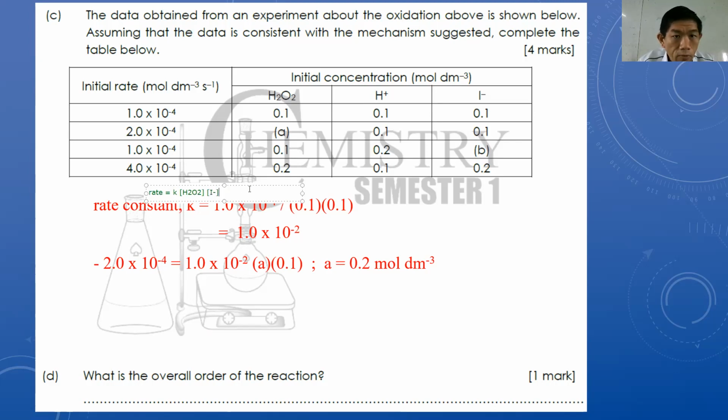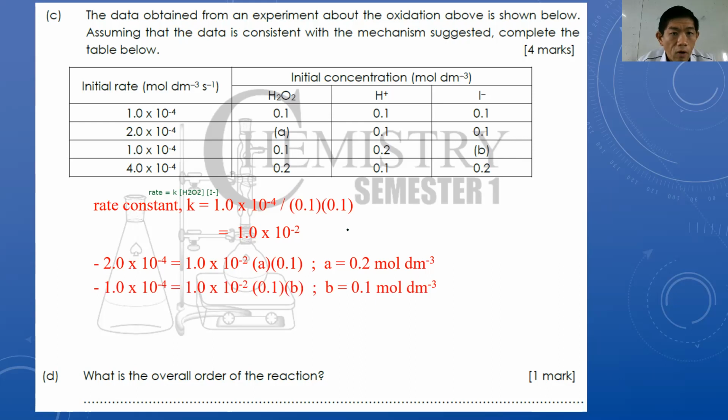So you are going to write based on the equations in here, and substitute accordingly. So you get A equals 0.2 mole per decimeter cube. And then for B, you substitute 1.0 times 10 power negative 4 equals 0.1 times 0.2 times B, and you get B as 0.1. So that is how you get your A and B there.